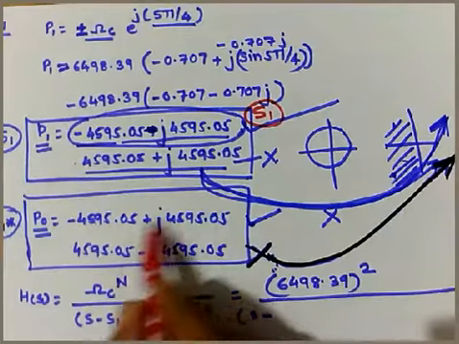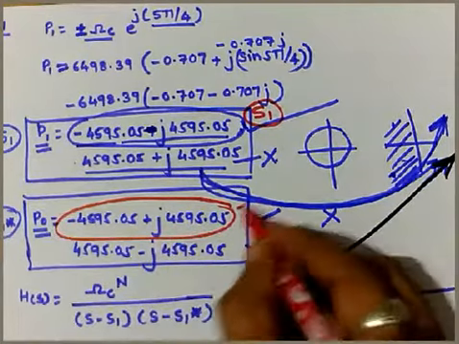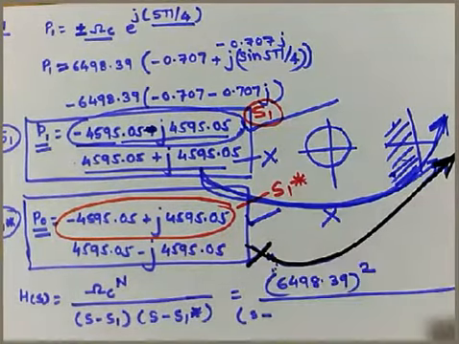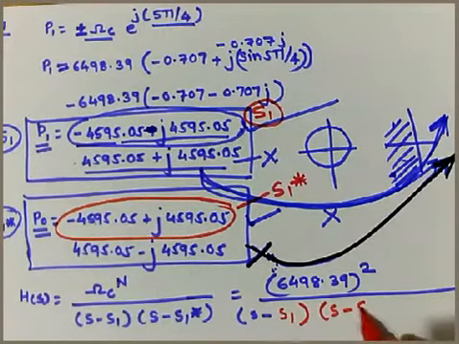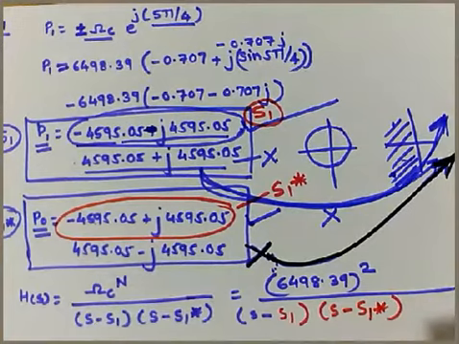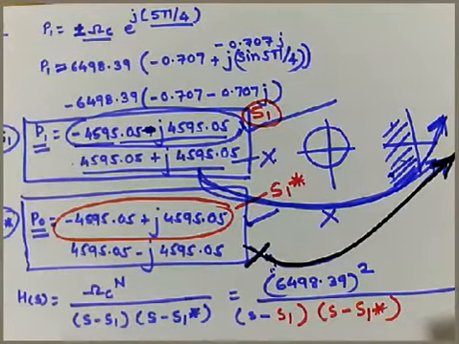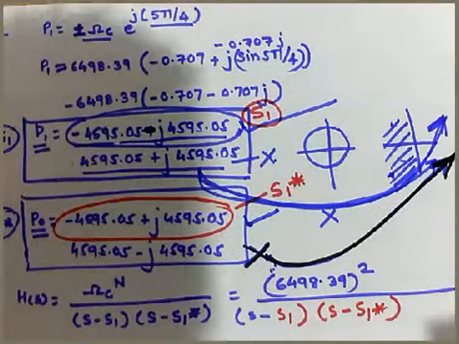Similarly, this is S1 star. So just put the same values here, S minus S1 and S minus S1 star. After putting these values, we will get the H of S.